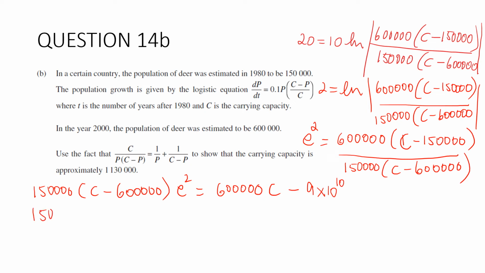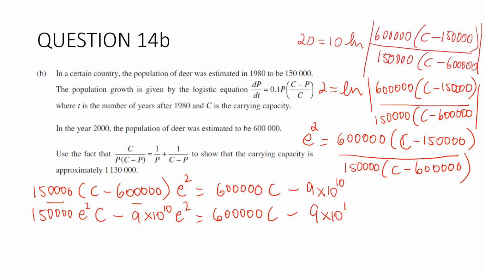150,000 e squared C take away 150,000 times 600,000, we just did that, 9 times 10 to the power of 10. e squared is equal to 600,000 C take 9 times 10 to the power of 10.